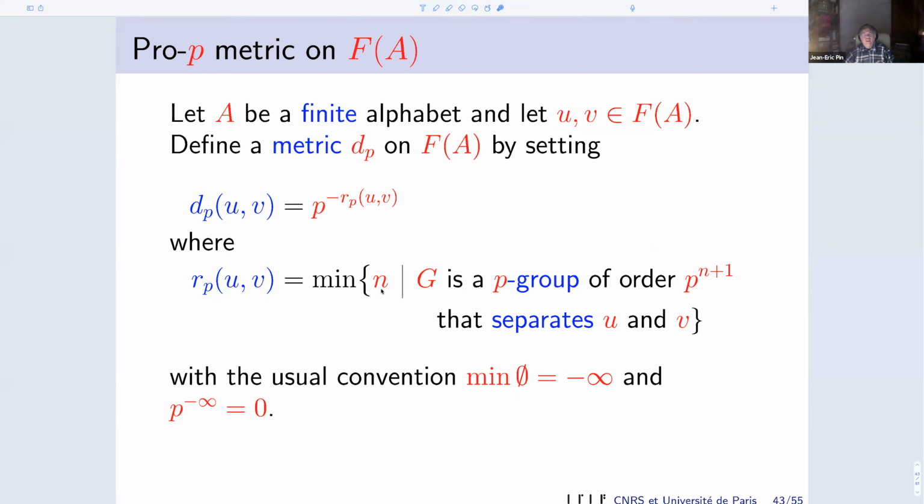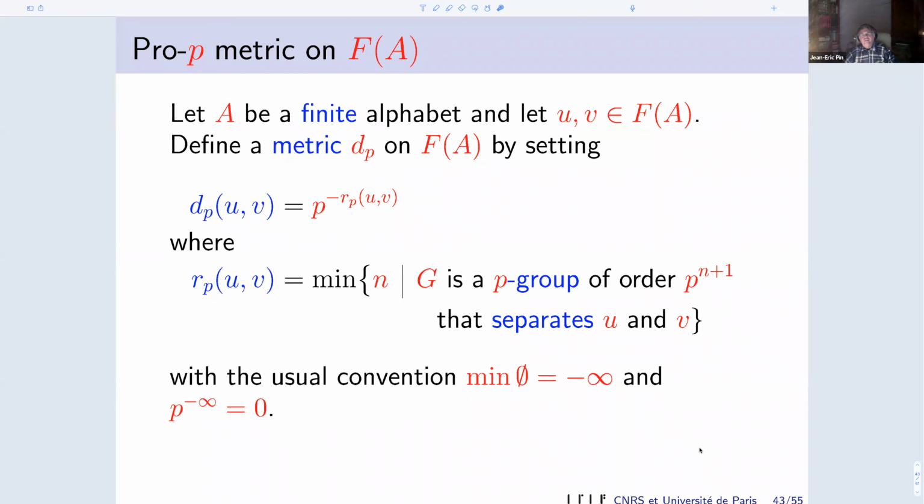More precisely, you take the minimum of all n such that a p-group of order p to the power n plus 1 separates u and v. You denote this by r_p of u, v, and in the usual way you define the metric from it. And this turns out to be a metric, actually an ultrametric or non-Archimedean metric.